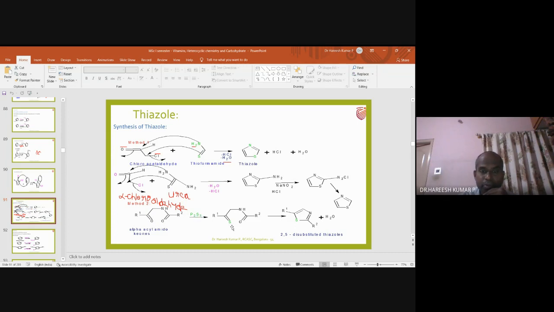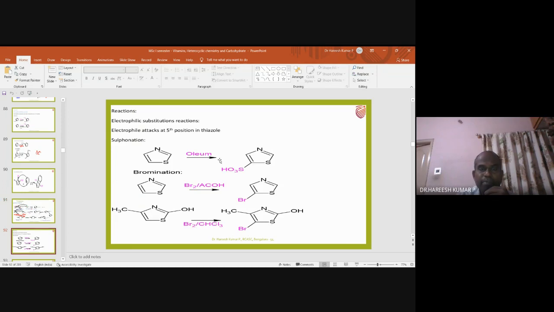Once the sulfur is obtained, there will be a removal of protons. This is one proton, and here one proton, and this oxygen will go out, forming a 2,4-disubstituted thiazole. So let's go to the next slide.